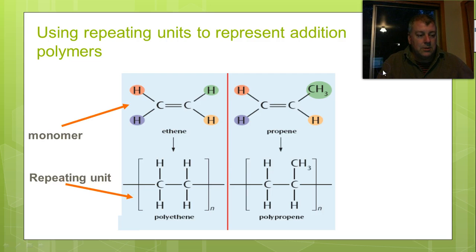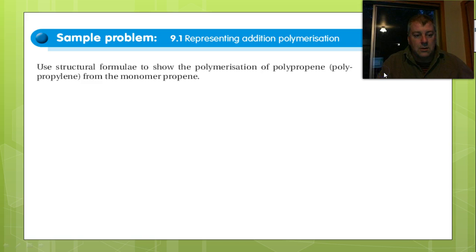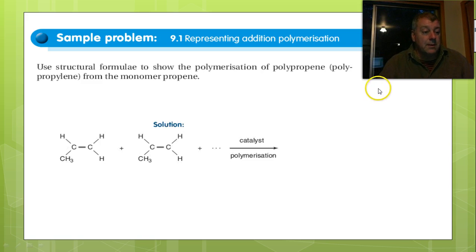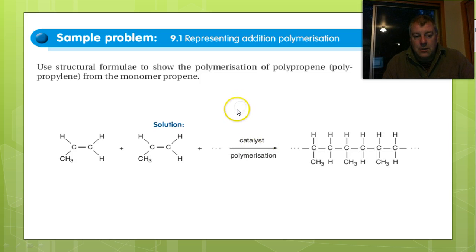So there's our monomers, there's our repeating units, and let's just do a sample problem. So here's our monomer. It's actually exactly the same as the last one, just swapped around, and there's our monomer. And with our catalyst, what's our polymer going to look like? Here it is here, and they've drawn this one down here. Now a lot of students want to draw this, which is wrong.